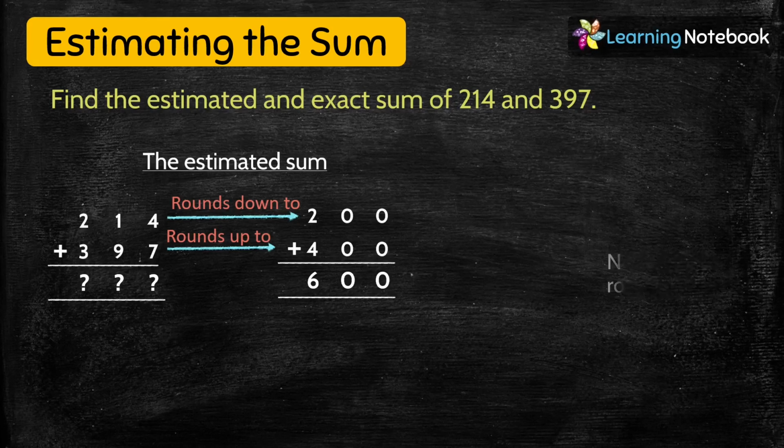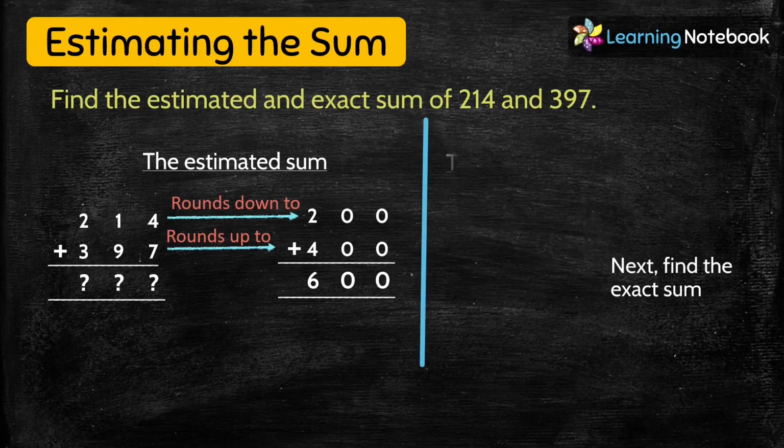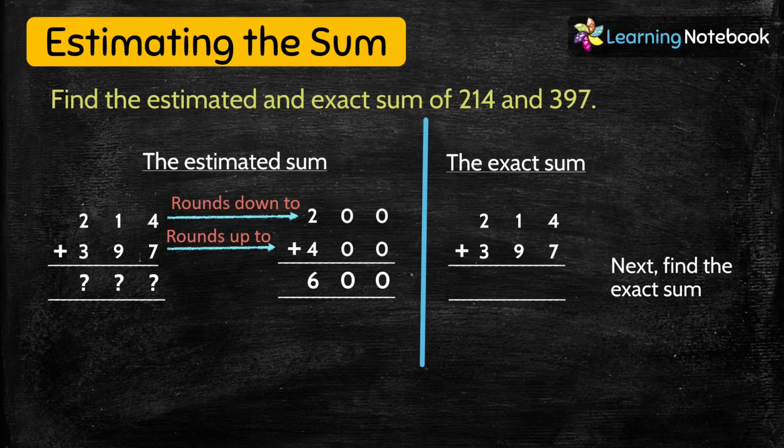Now let's find the exact sum of the two given numbers. For this, write them in columns and then start adding them from ones place. 4 plus 7 equals 11. So carry 1 to the tens place and 1 comes in the answer. Next, 1 carry plus 1 plus 9 equals 11.